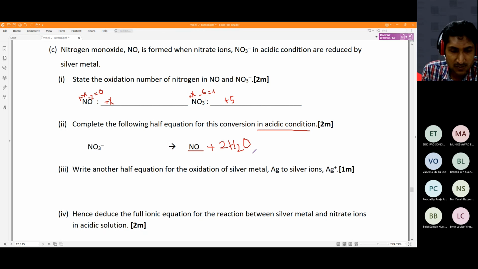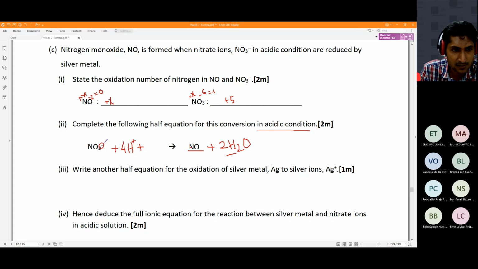If it produces 2 water molecules, then I have to add 4 hydrogen ion here. This is coming from the acidic condition. So 4 hydrogen here, 1 nitrogen, and 3 oxygen. So all balanced. Only the electron or charges I need to balance.